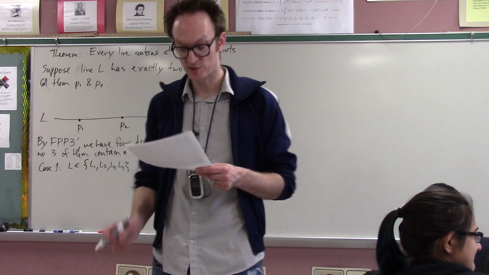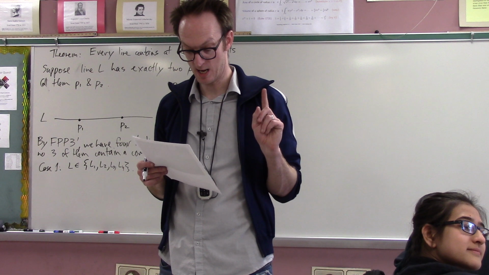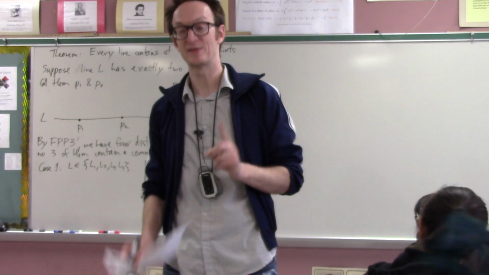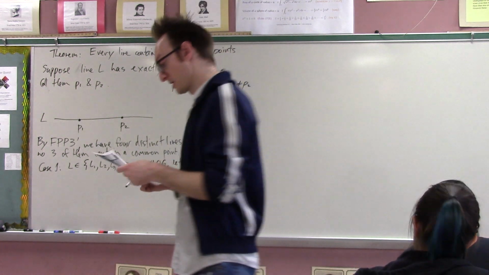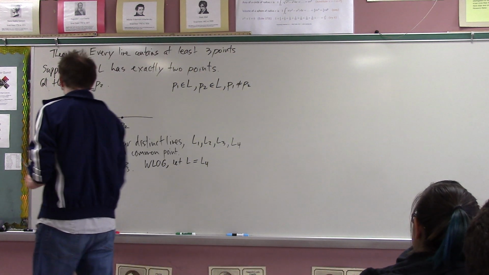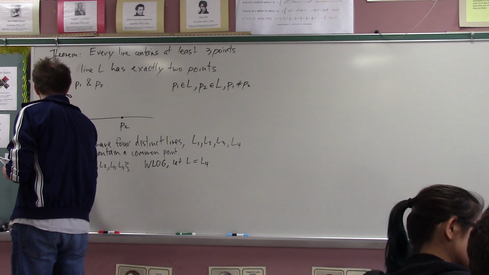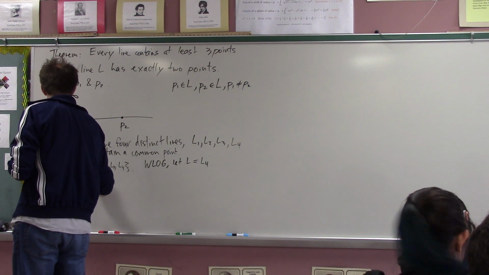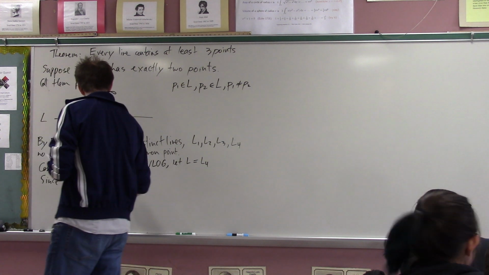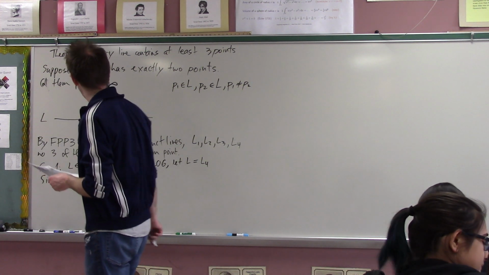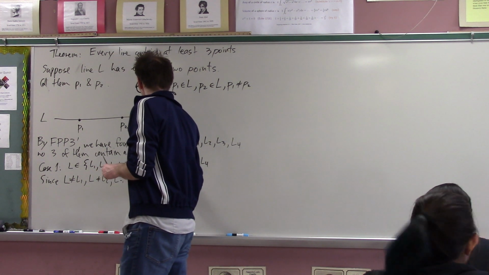Okay, so now I know a couple of things. I know that the four core lines are all distinct. That's previously proven. So I will now say that since L is not L1, L is not L2, and L is not L3, I invoke FPP2 to say that there are points of intersection.